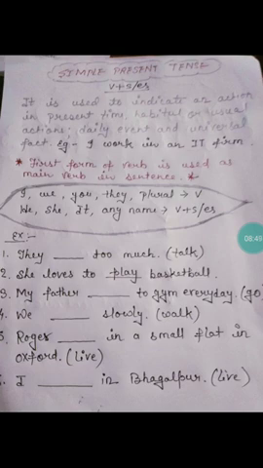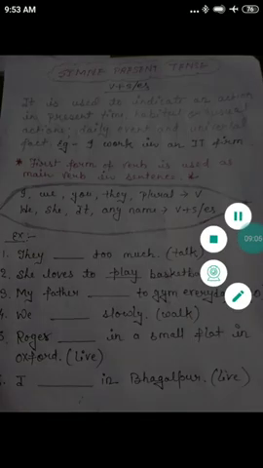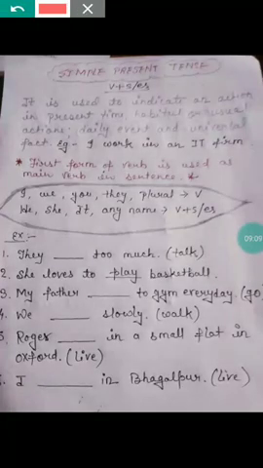Then here some exercises are given for you. How you have to do these exercises, I am explaining to you. The first one, see, you have: They dash too much. The verb is given in this bracket and you have to use this verb in its correct form for simple present tense, right? How can you do it? You just have to look at the subject, which means you have to look before the dash.